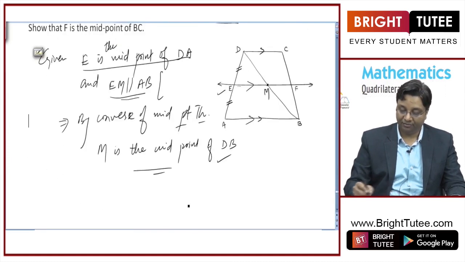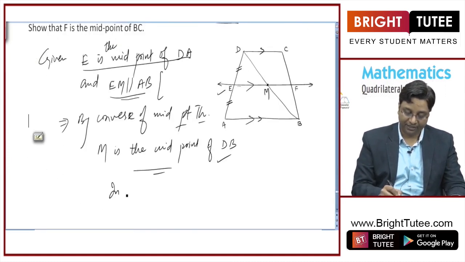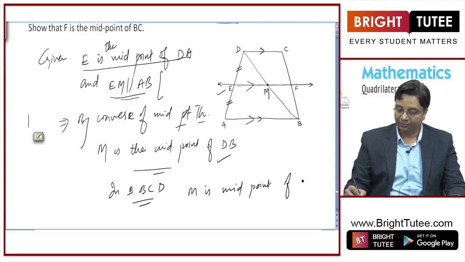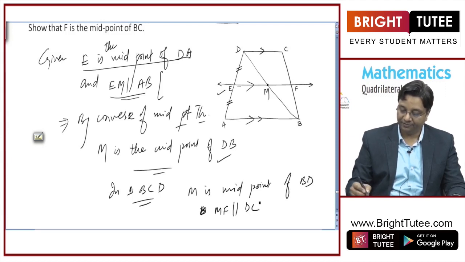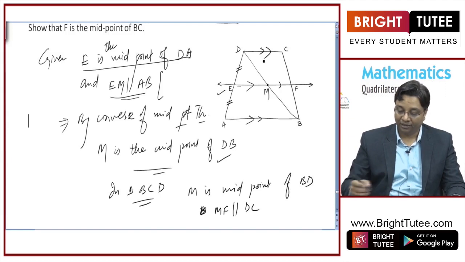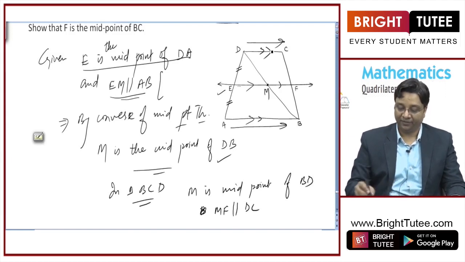Now notice triangle BCD. In triangle BCD, M is midpoint of BD, right? MF is parallel to DC. This is parallel to this, right? Why is it parallel to this? Because AB is given as parallel to DC. EF we have drawn parallel to AB.